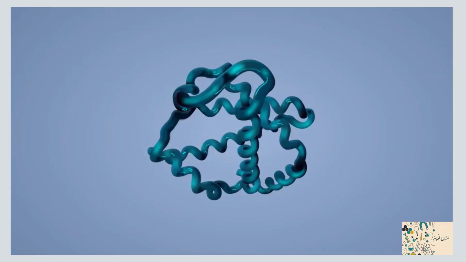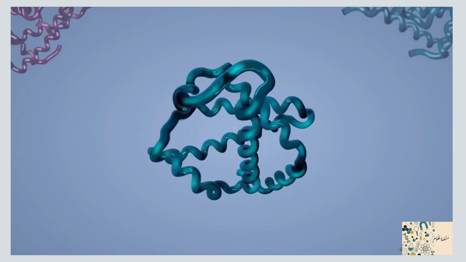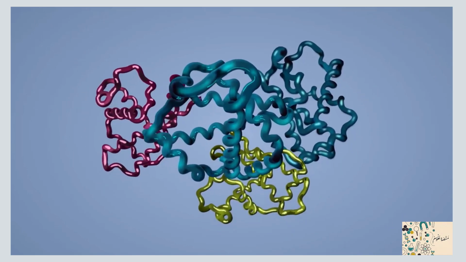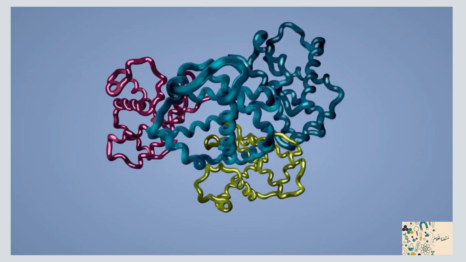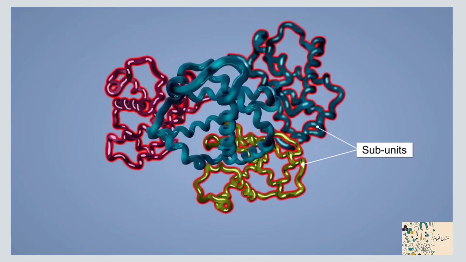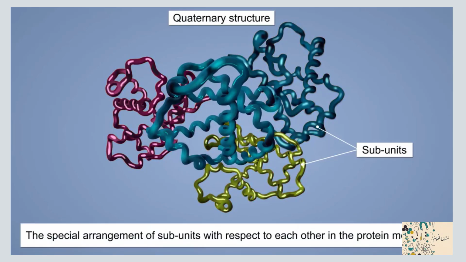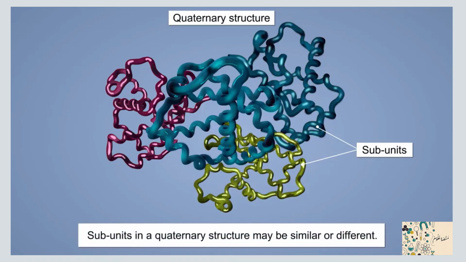Although many proteins consist of a single polypeptide chain, there are some proteins which consist of two or more polypeptide chains. These polypeptide chains are referred to as the subunits. The quaternary structure is the special arrangement of these subunits with respect to each other in the protein structure. These subunits in a quaternary structure may be similar or different.